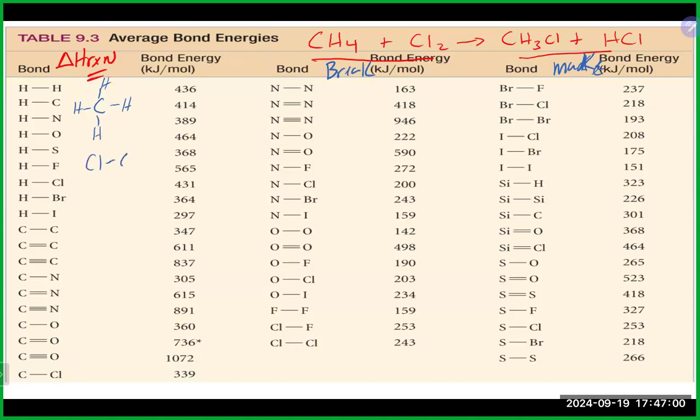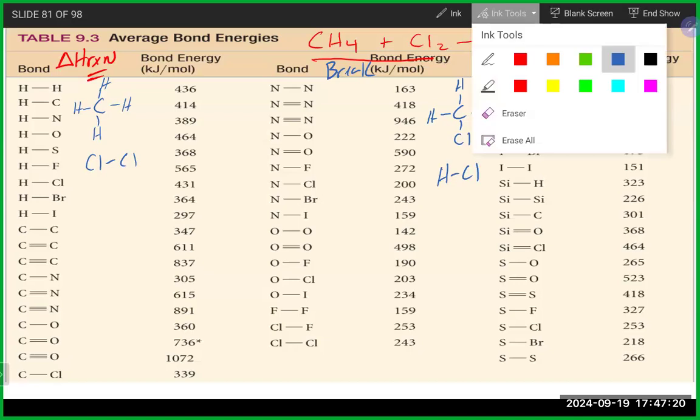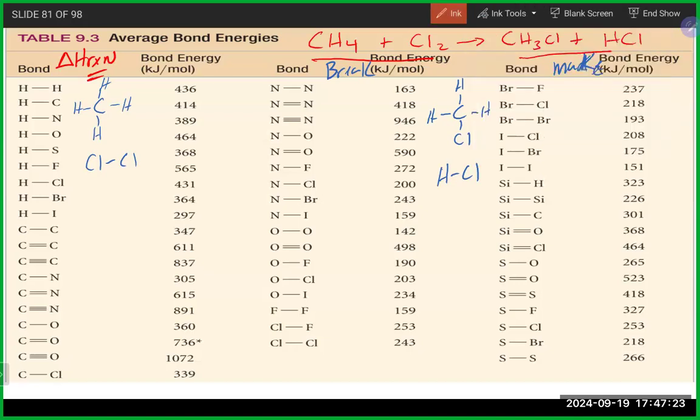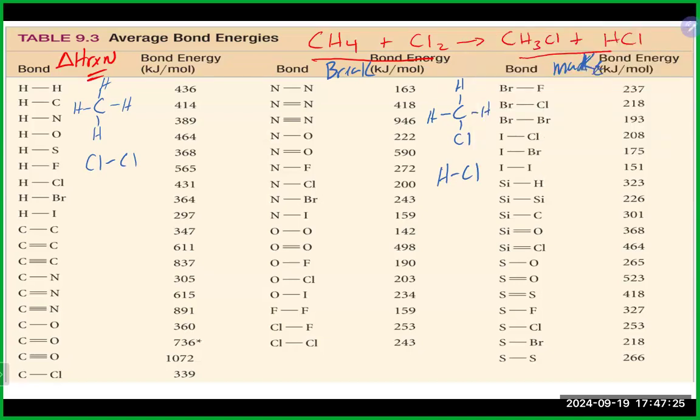Cl2 will look something like that. So that's everything that we're going to be breaking. On our product side, if we sketch those, we'll have something that looks like this in terms of what we're making. And that's got a Cl. And we always have an HCl as well. So again, good idea to also make sure that you're not dealing, for example, with a double bond or triple bond so that you get the right value, obviously.